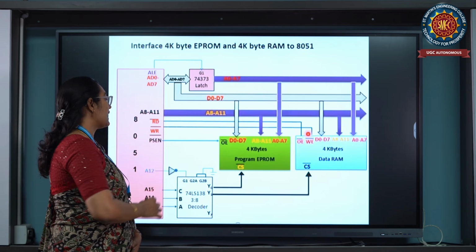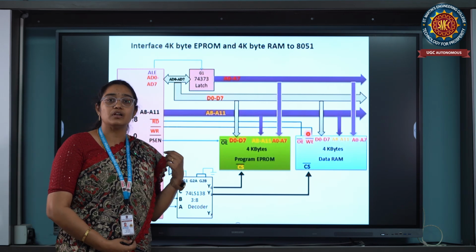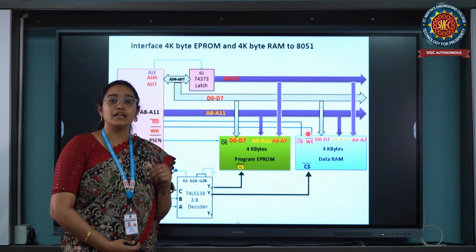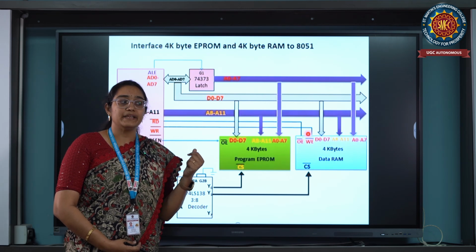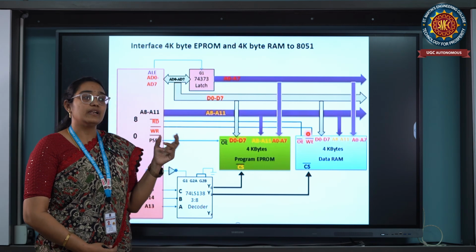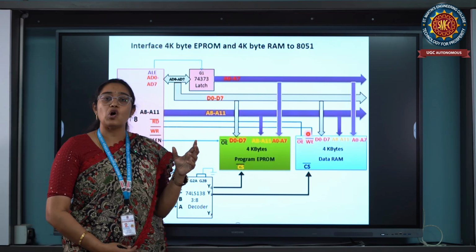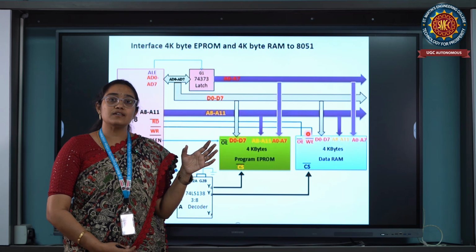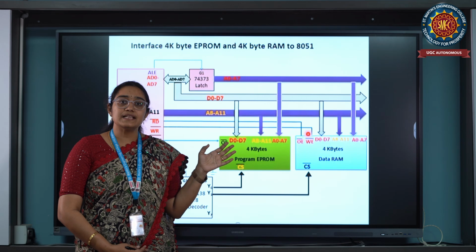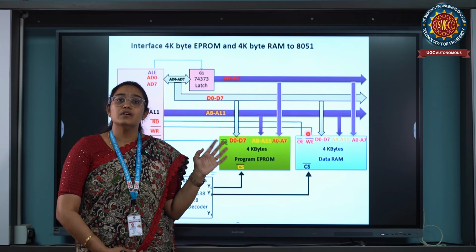That means we can access 64 kilobytes of random access memory and read-only memory with the 8051 microcontroller. For many applications, such as when the user writes complex code, he uses high level languages. These high level languages use the 4 kilobytes.